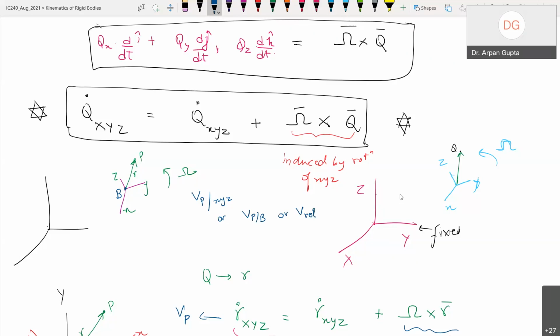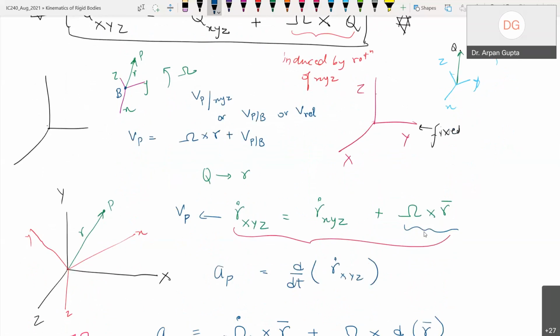So if it is the relative velocity of point P as observed from a rotating reference frame B, then we have derived this expression: the velocity of point P is equal to omega cross r plus the velocity of point P with respect to point B, which is the velocity as observed from small xyz.